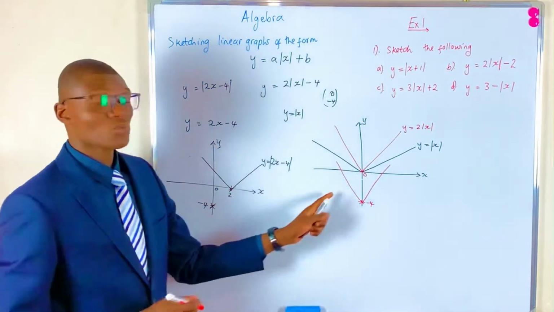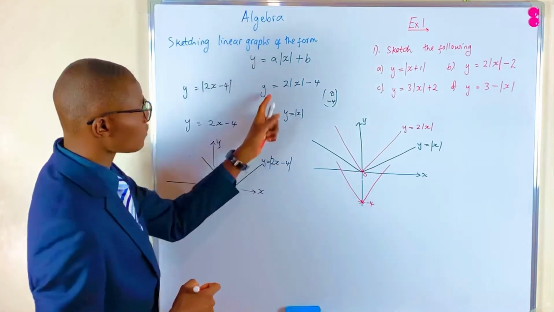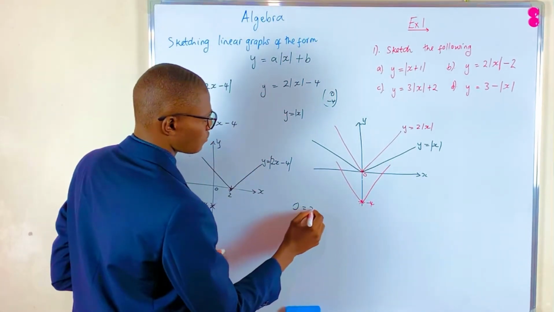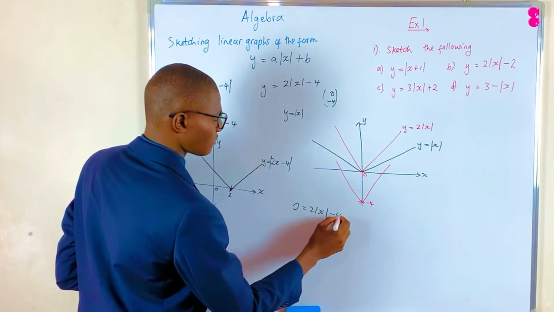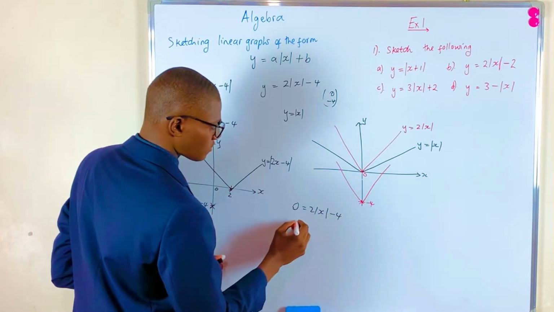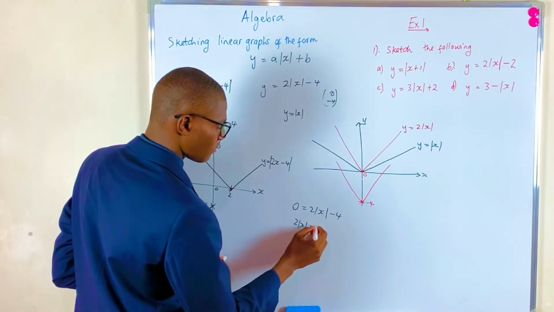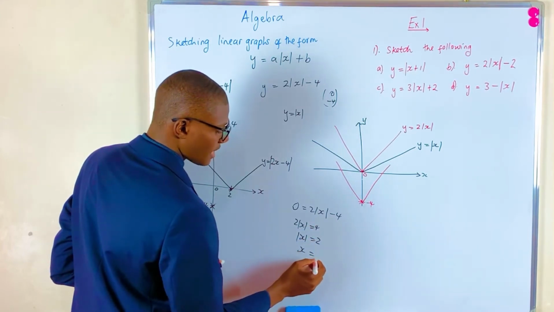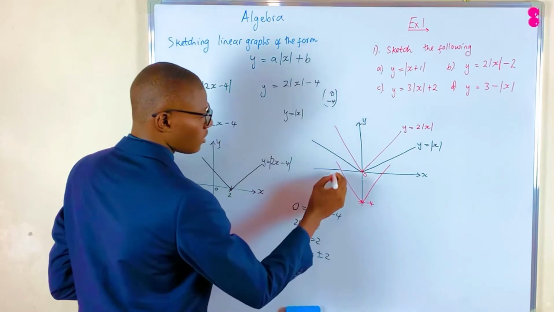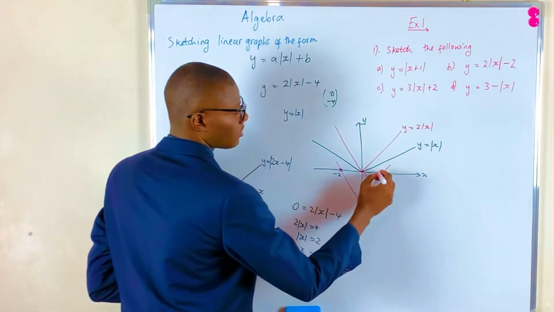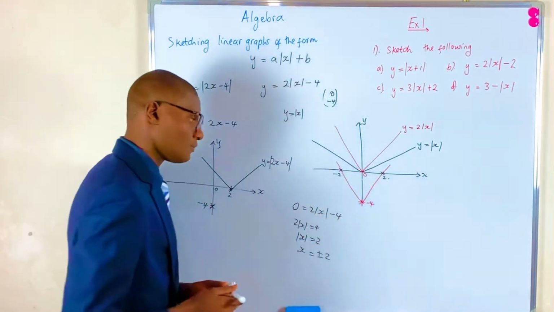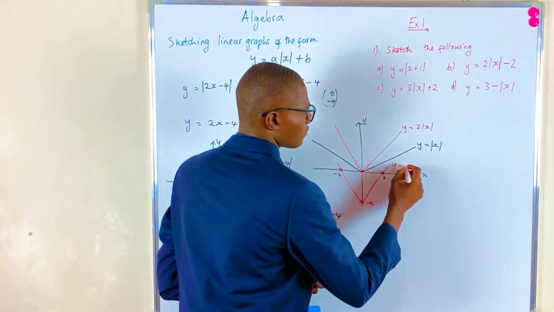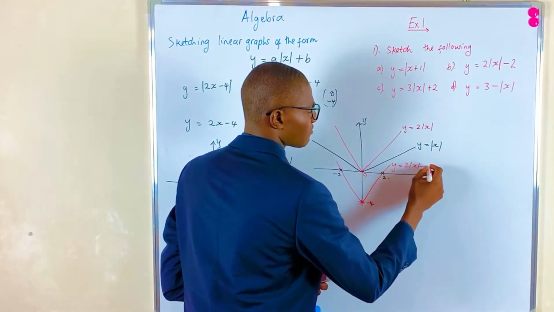This is when y is 0. Solving for x, we've got 0 is equal to 2 modulus of x minus 4. Then 2 modulus of x is equal to 4, modulus of x is equal to 2, which implies that x is equal to plus or minus 2. So this is minus 2, and this will be 2. This is now the graph for y is equal to 2 modulus of x minus 4.